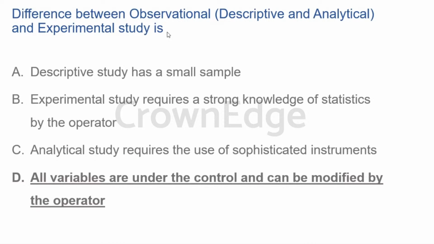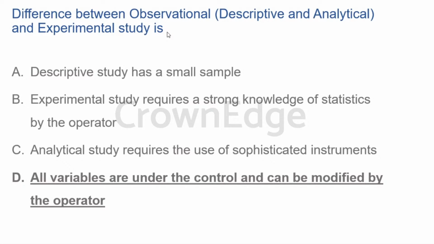Another question was: the difference between observational and experimental study is, observational studies are descriptive and analytical studies. Here the answer is that all the variables are under the control and can be modified by the operator in an experimental study.